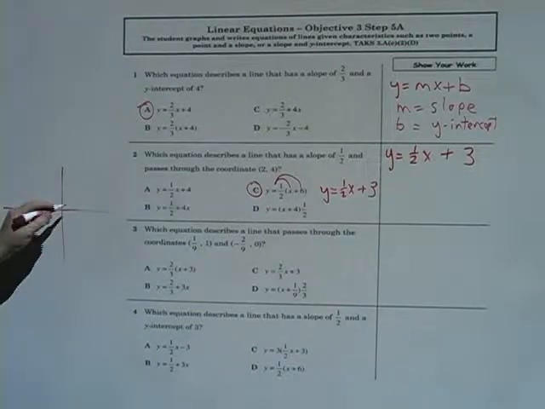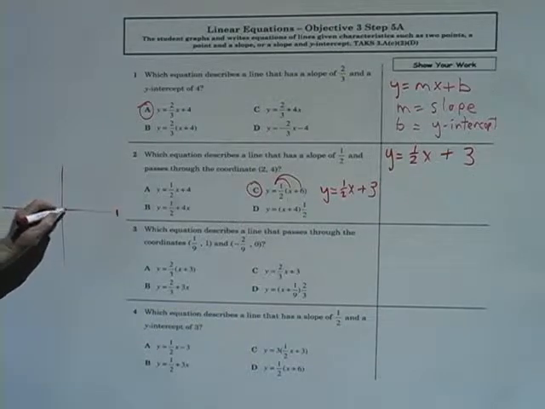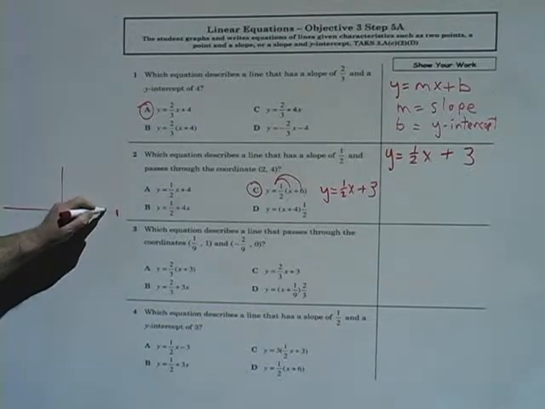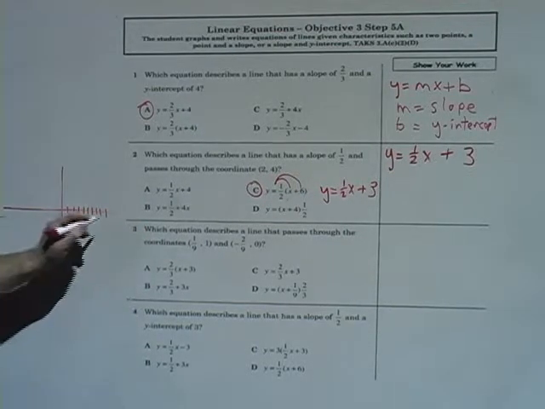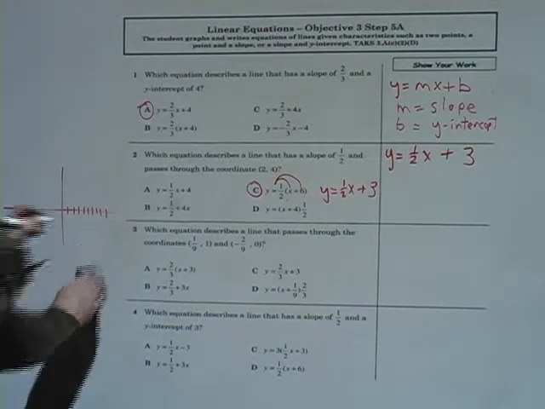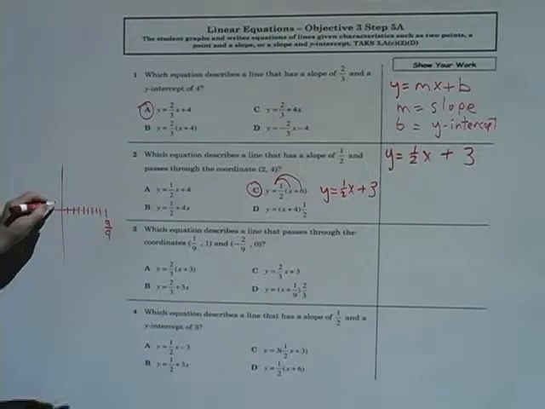So what we need to do is we need to think of this as, I want to draw 9 marks in here. Like that. This would be 9/9. And I want to do the same thing going up.